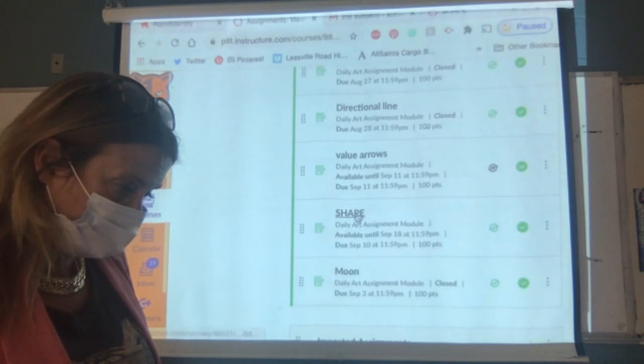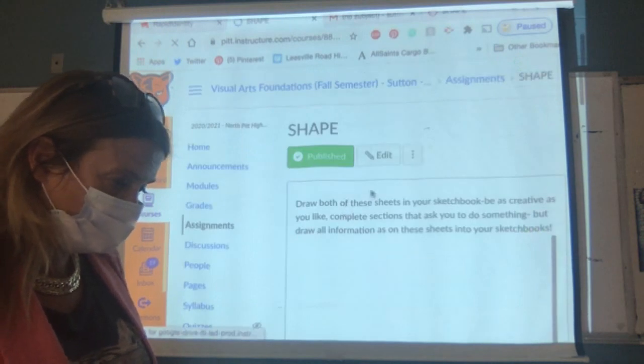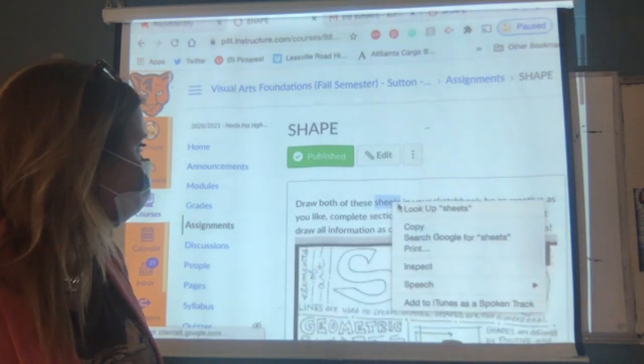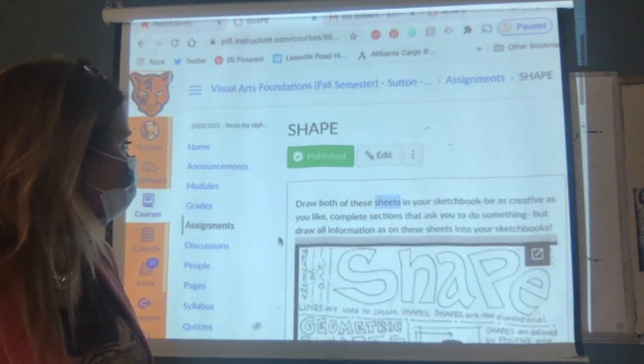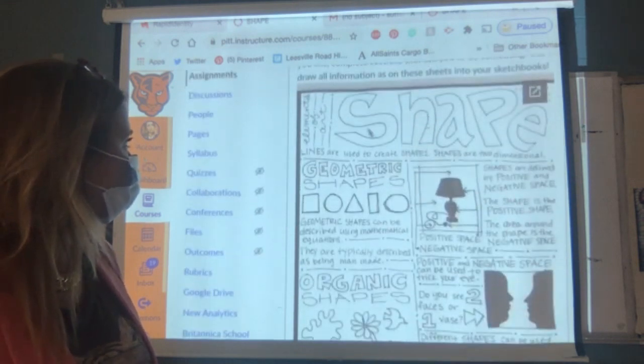What we're going to do today is kind of back up a little bit. You are going to be completing these sheets in your sketchbook. So you're going to draw everything you see. It's all kind of handwritten out.